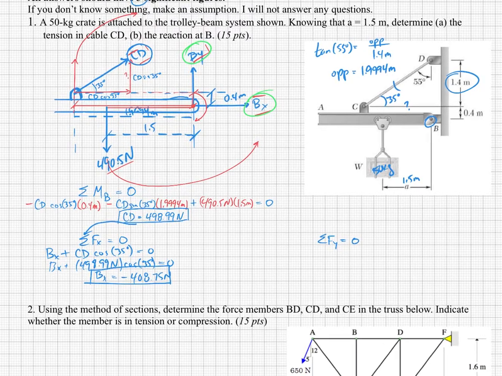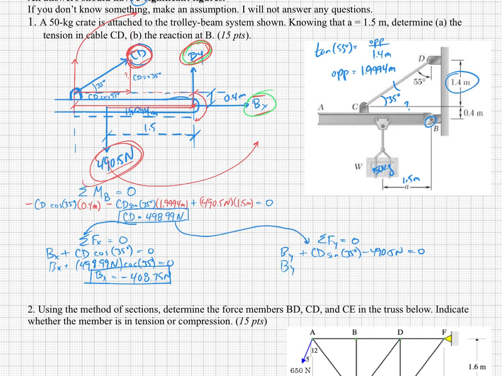And sum of F in the y. So let's see, what do we have in the y direction? We've got 490.5, we've got the y component of CD, and we've got By. Okay, so I'm going to start with By because that's what I'm looking for. It doesn't really matter, of course. Let's add the y component of CD, CD sine of 35 degrees, minus 490.5 newtons equals 0. So again, I'm going to plug that CD in over here.